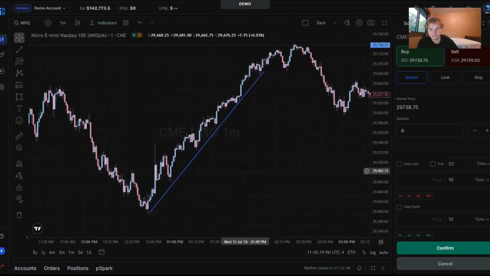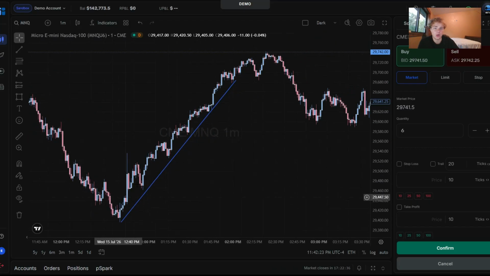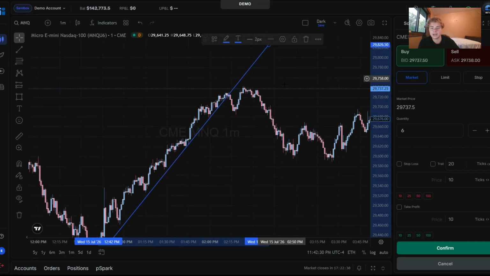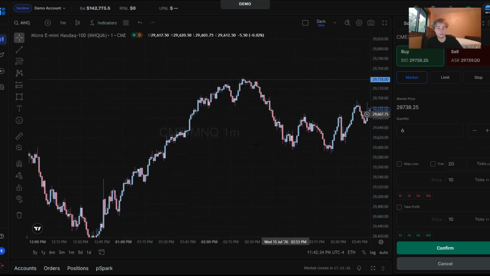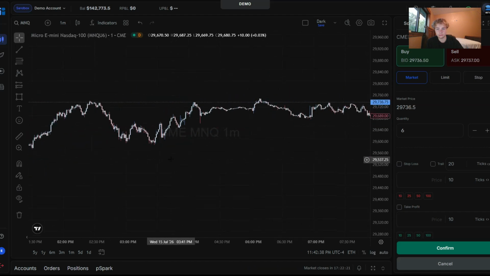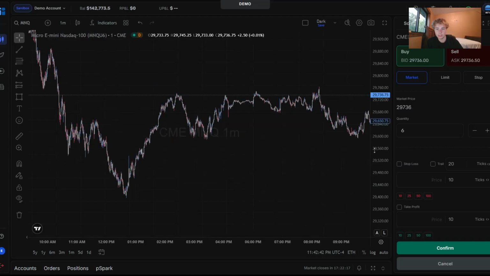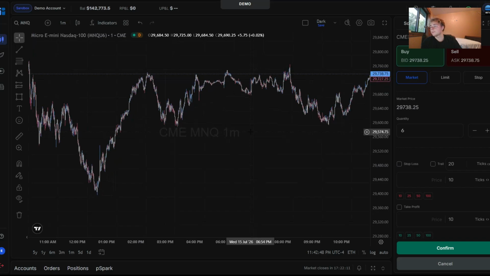Like here, it would have worked out if you marked this out and extended it and just longed all the way up here. But say if you entered here off this trend, you would get stopped out there, which would not be good. But that's just another tool to help you visualize trends and mark out here or just wherever. See where price has been going or see where you think it might go.